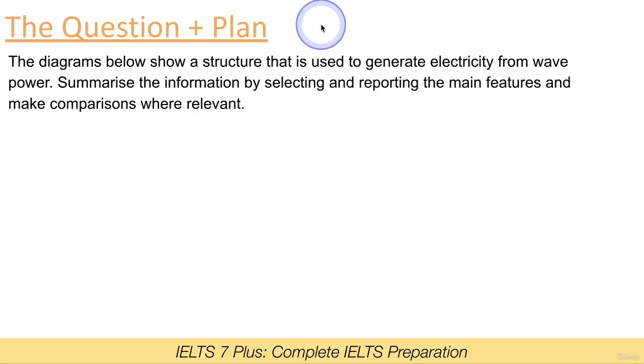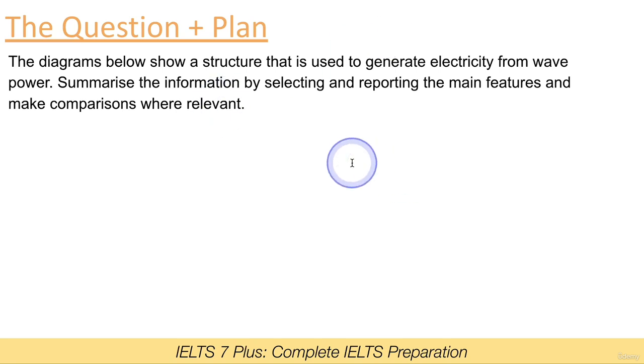So we'll look at this one together and we'll, of course, come up with a plan as always. The diagrams below show a structure that is used to generate electricity from wave power. Summarize the information by selecting and reporting the main features and make comparisons where relevant.